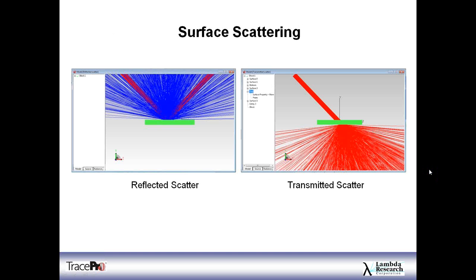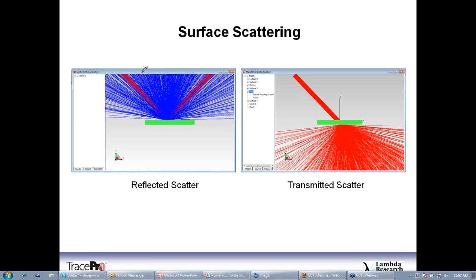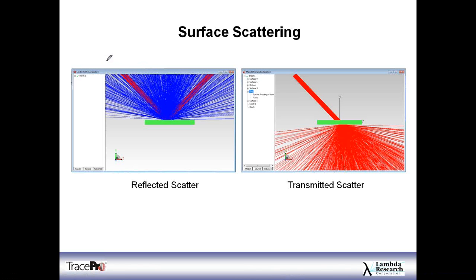Here are a couple of quick screenshots showing some surface scattering. In this case, we have reflected scattering here. Our incident beam is coming in along here. We have the specular portion of the beam. And then the blue rays here in TracePro represent the scattered light.